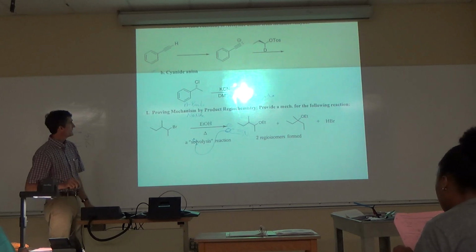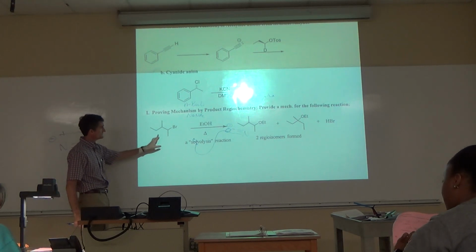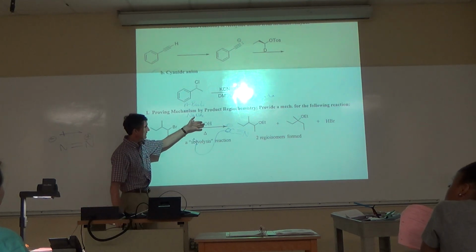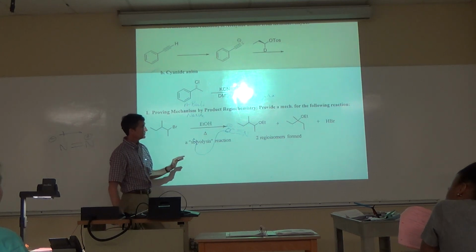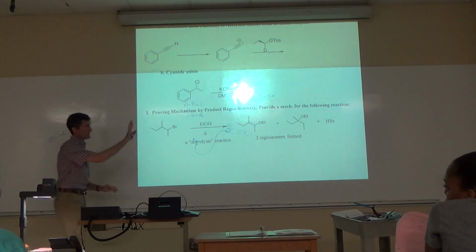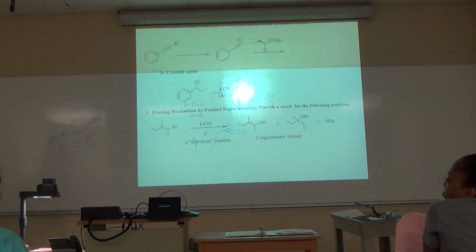Next here, proving mechanism by regiochemistry. Look down here. We take this alkyl bromide and just heat it with ethanol. We can get a reaction. And actually, 2 regioisomers are formed, plus HBr. Can you show mechanism of this reaction?